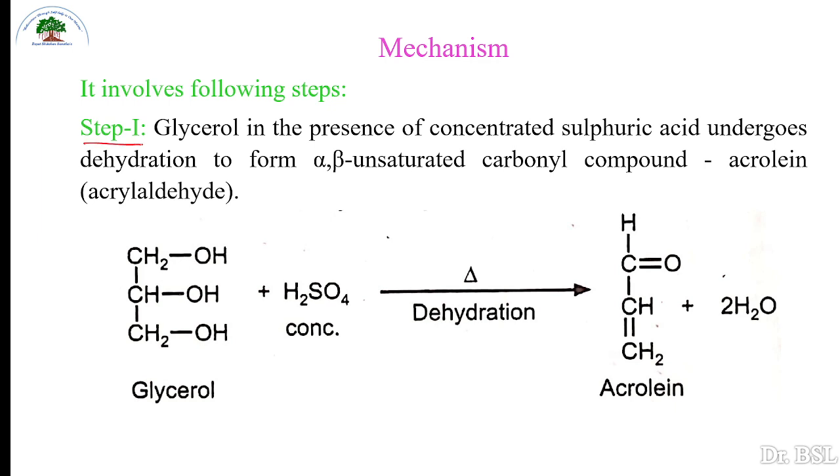In step 1, the glycerol in presence of sulfuric acid H2SO4 undergoes dehydration, that is removal of water, to form alpha beta unsaturated carbonyl compound, and this is acrolein or acrylaldehyde. The structure you can draw like this also, CH2=CH-CHO.